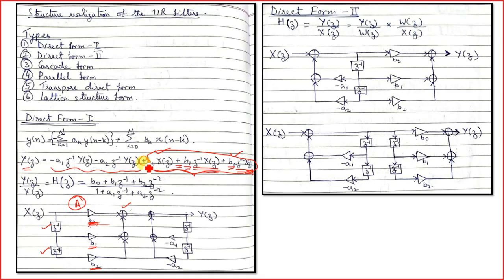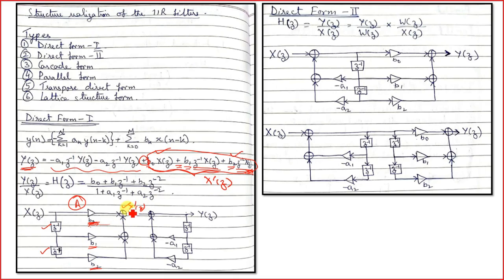Now basically that will give you the YZ, the output. So the input components are regarded as X dash Z, and then it is getting added up with the other components.